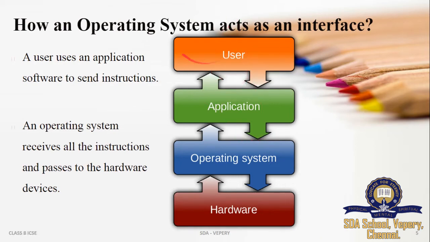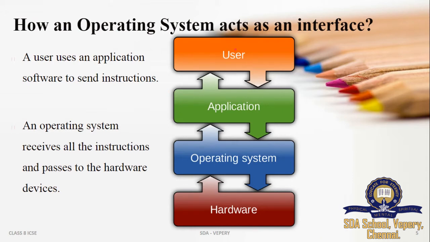For example, we'll take the user is going to type a document. What he is going to do, with the help of the mouse, he will click on the MS Word document, and that MS Word document is one type of application software. He is going to type a document through the keyboard.